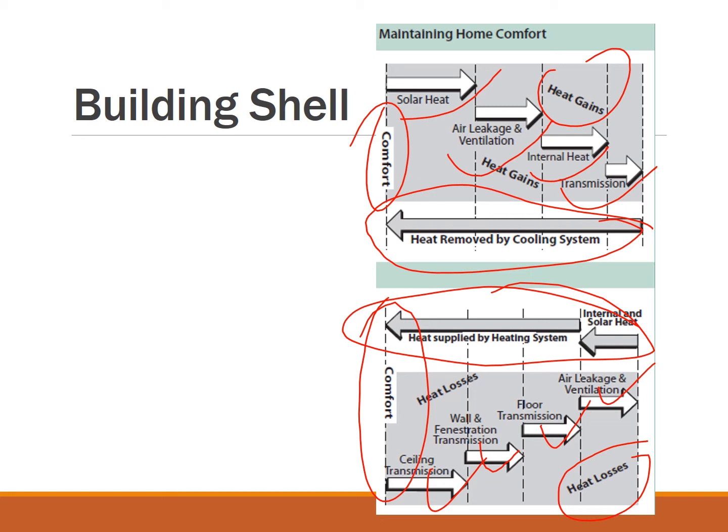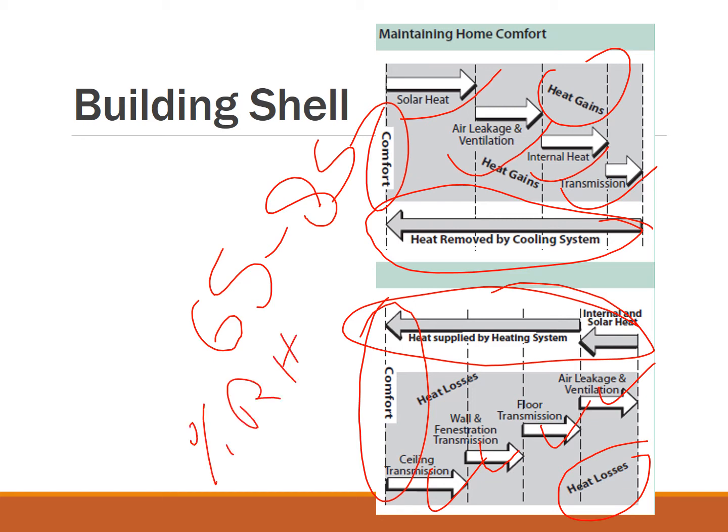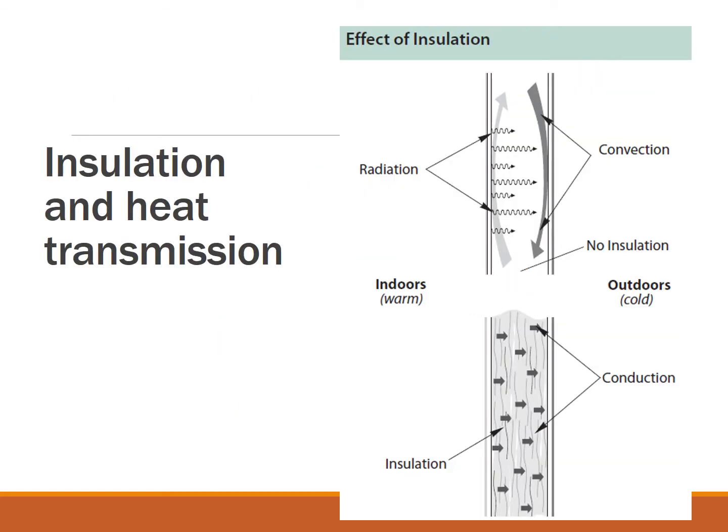And we said human comfort is between 65 to 85, and actually maybe 80, and relative humidity is 40 to 60.